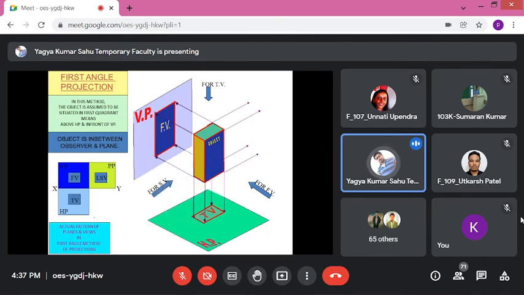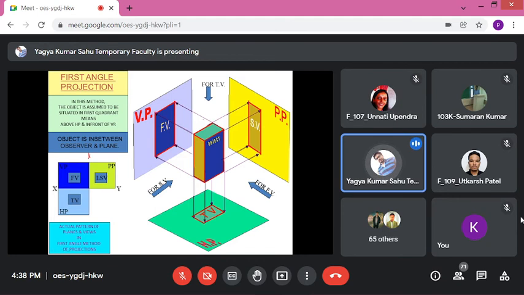I'm drawing that x1, y1. First of all, see the images, you can see all the three planes perpendicular to each other: front view, top view, and side view. Now see here, these are the views: front view, top view, side view.